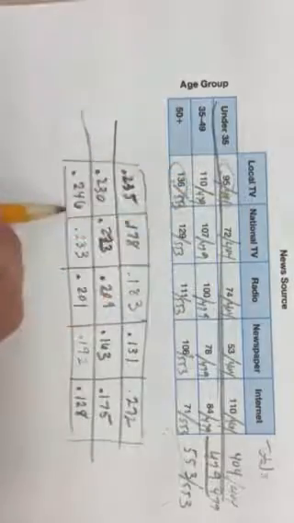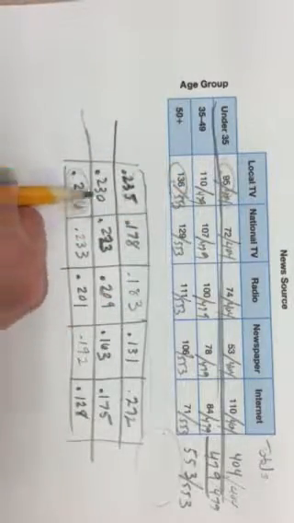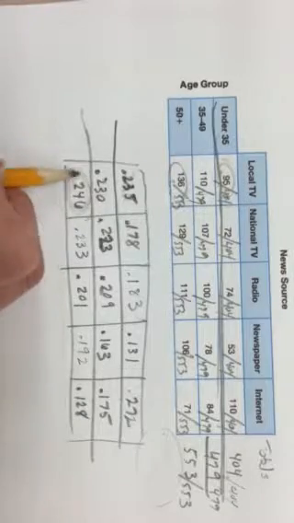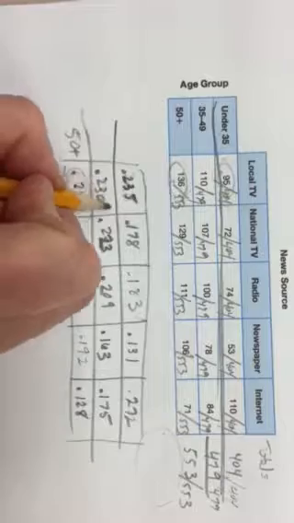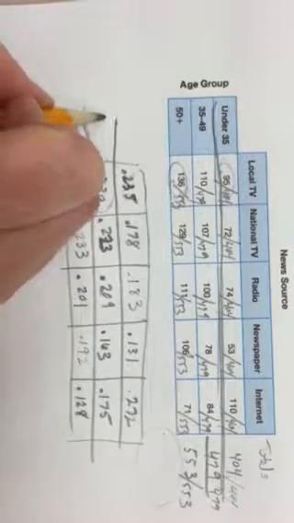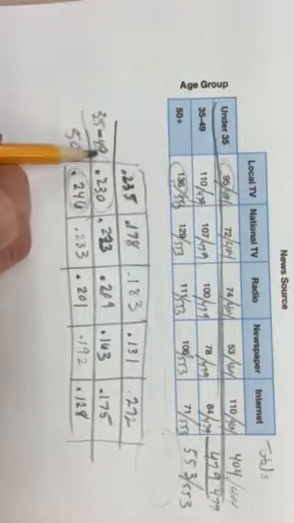We couldn't really compare, but down here we can. We can really see that still the bigger percentage of 50 plus people liked local TV. And the lowest percentage of people who liked TV for news source was here in the 35 to 49 range.